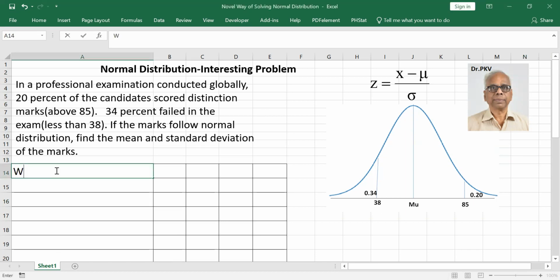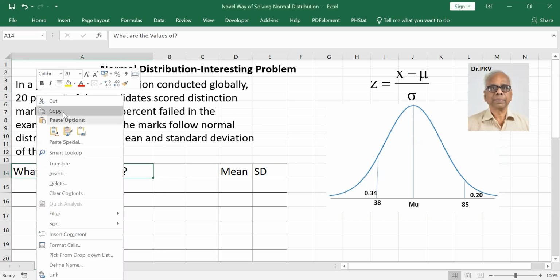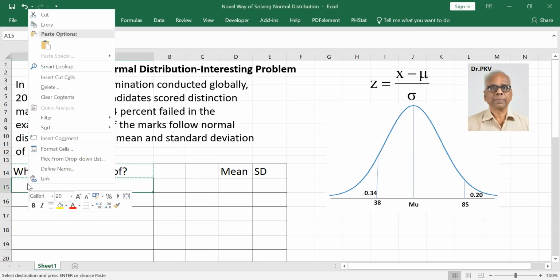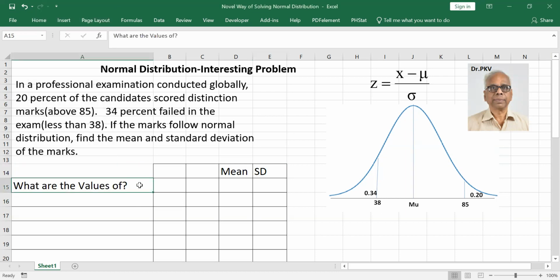So let me write here, what are the values of mean and standard deviation, and I put a question mark here. Let me put this in the second line because the first line is the heading I want to give here. Now, mean and standard deviation are unknown, so I cover this in yellow color.